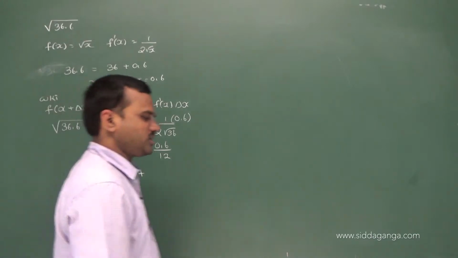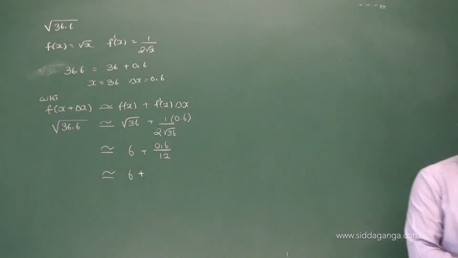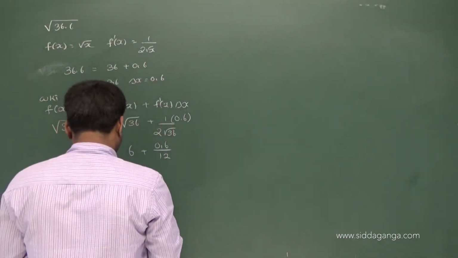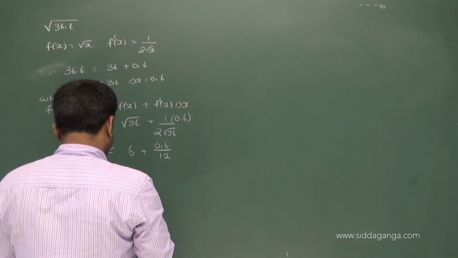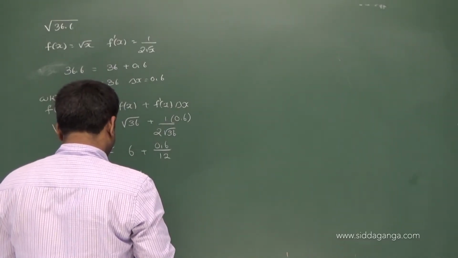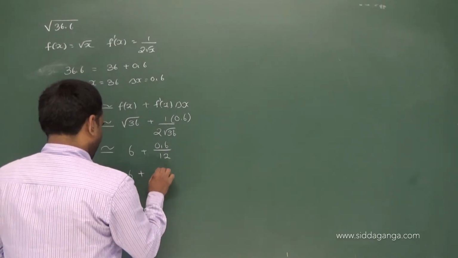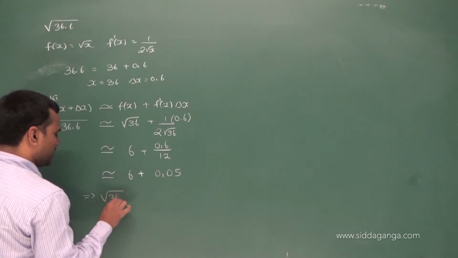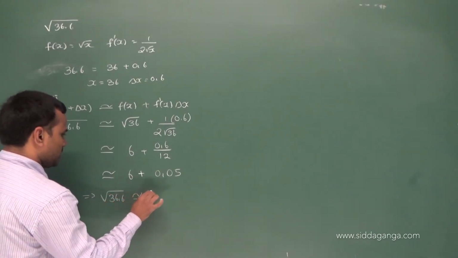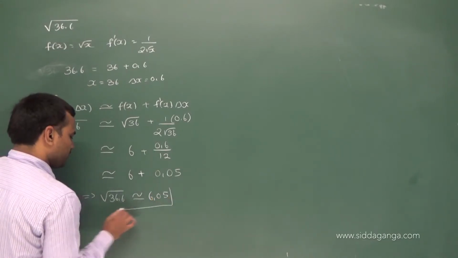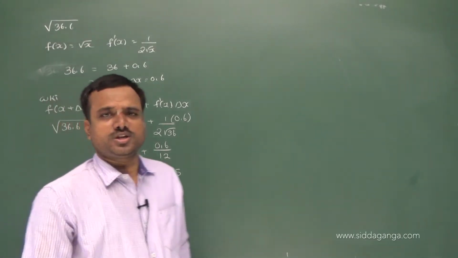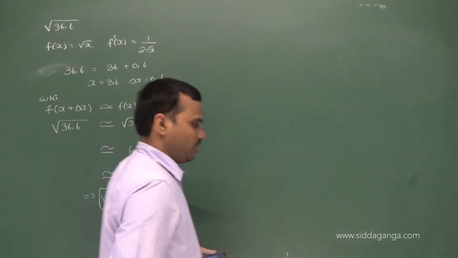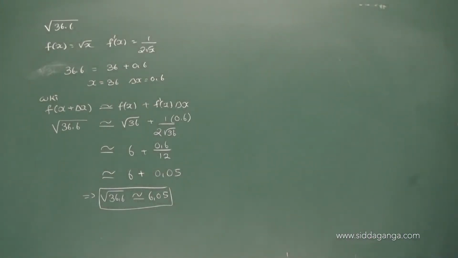Calculate. 0.6 divided by 12 is 0.05. So square root of 36.6 is approximately equal to 6.05. This is a very, very important concept. One more problem regarding square root.